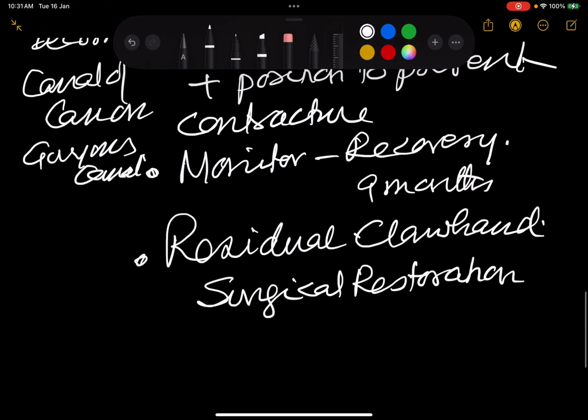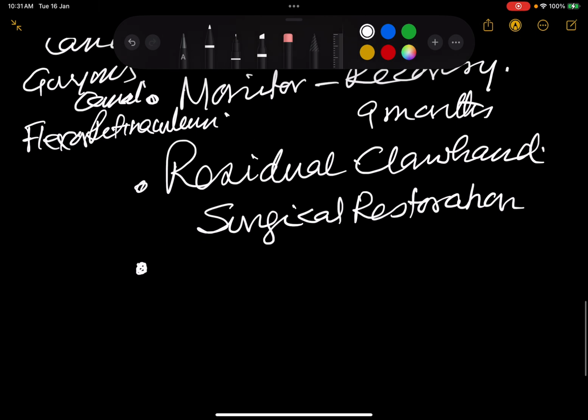You can also decompress the posterior tibial nerve by dividing the flexor retinaculum, and that will save anesthesia of the sole. You can also decompress the lateral popliteal nerve as it winds around the neck of the fibula. So you can do a surgical decompression, but basically shifting to clofazimine and steroids do achieve decrease in swelling, and therefore the same space becomes adequate for the nerve and the nerve is decompressed.